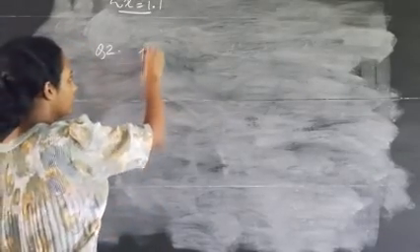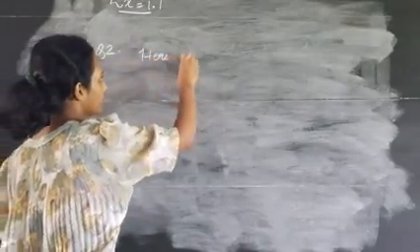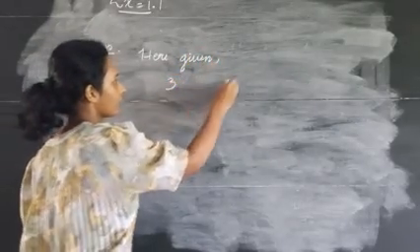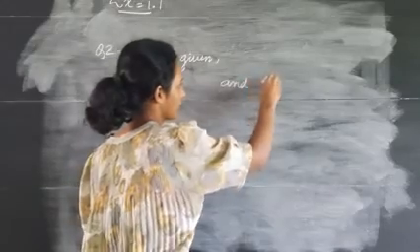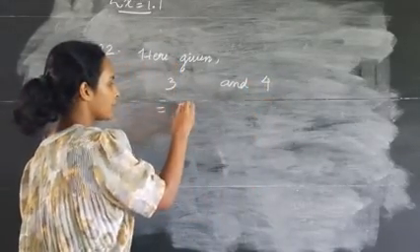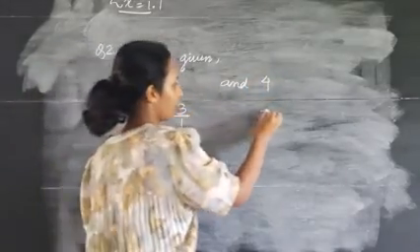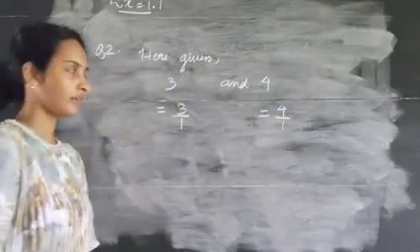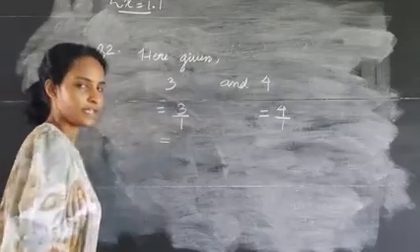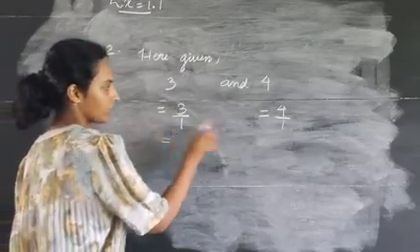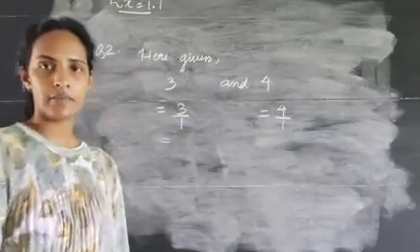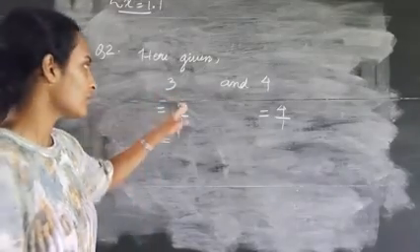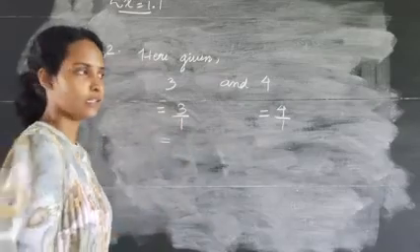Given numbers are 3 and 4. First, what do we do? We write 3 as 3 by 1 and 4 as 4 by 1, right? According to the rule. Now, in the next step, what do we do? We look at the denominators. Are they the same? Yes, they are the same. So what do we do? We multiply the numerator and the denominator by 10, right?